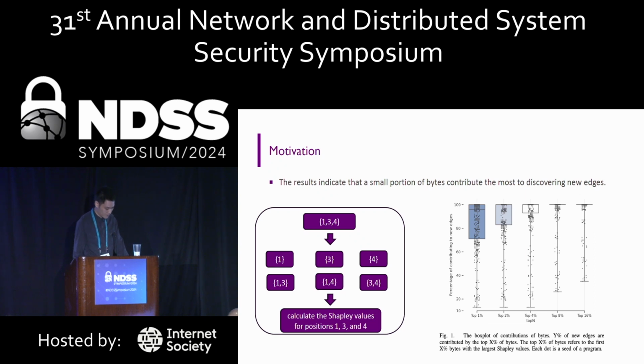The left figure is a simple example. The right figure illustrates the contribution of the top X% of bytes to the discovery of new edges in each program. The results indicate that only a small subset of the bytes contributes significantly to the discovery of new code.